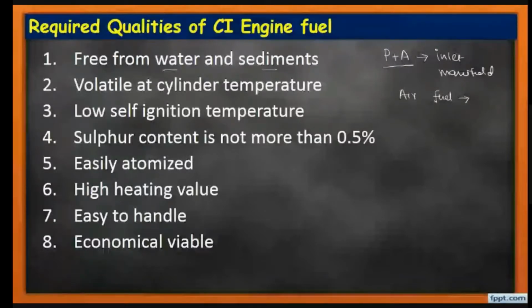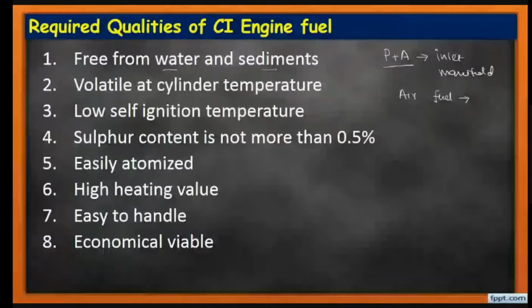Then second, it must be volatile at cylinder temperatures. If it is not, then combustion may not take place and power cannot be produced. So the diesel fuel must be volatile at cylinder temperatures. Then the third is low self-ignition temperature, meaning the temperature required for self-ignition of the fuel.